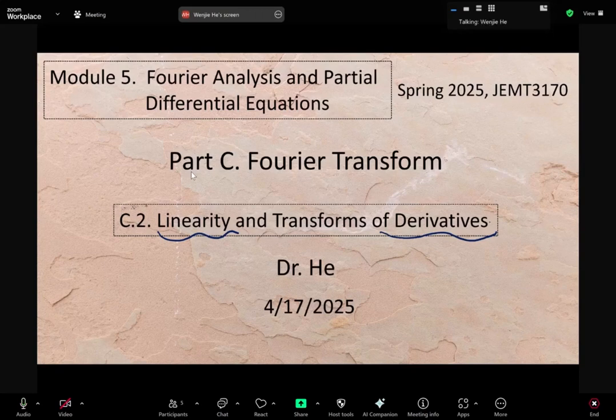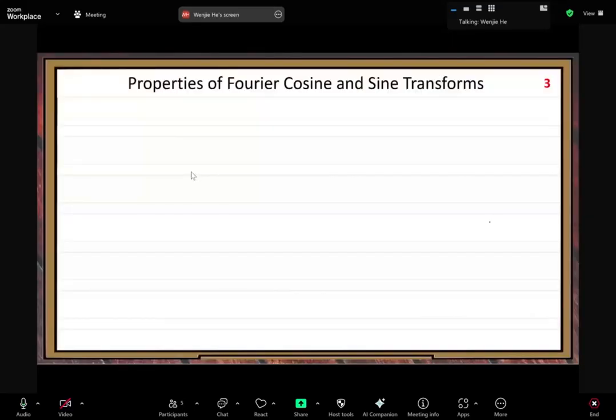A lot of properties are pretty similar compared with the Laplace transform. Properties of Fourier cosine and sine transform: linearity is very easy, because from the definition you can see this linearity immediately. Both sine and cosine transforms have this linearity property.